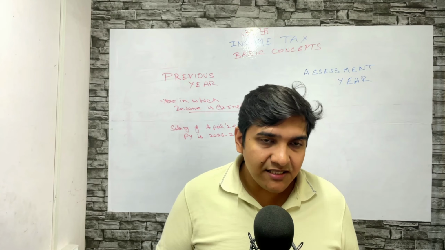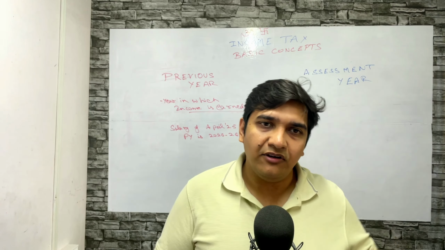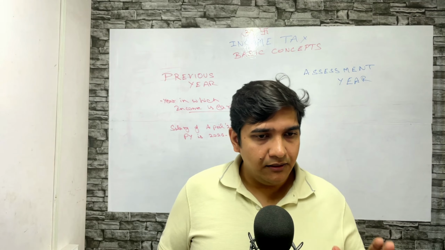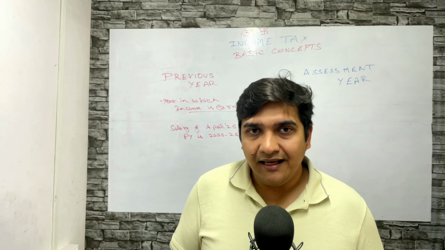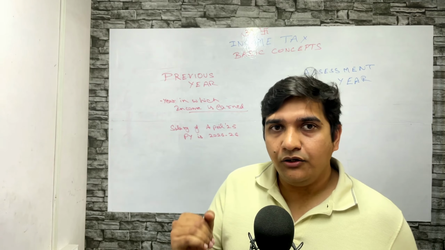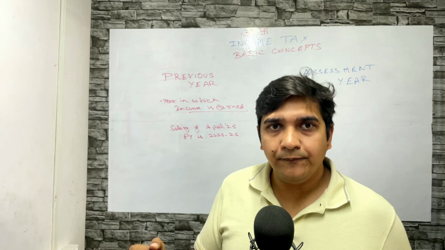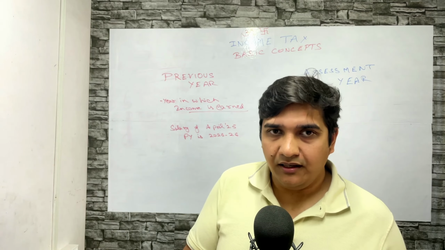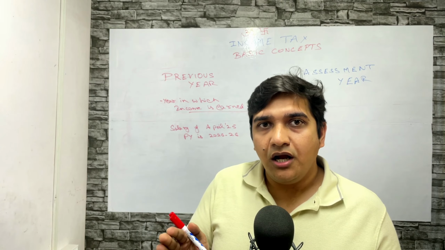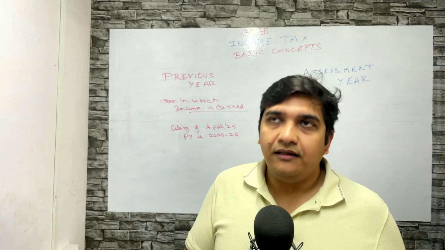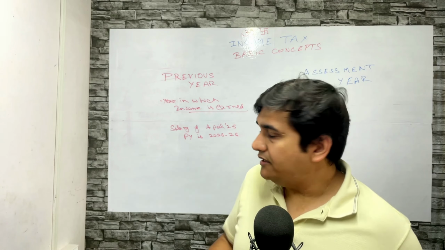So previous year is a period of 12 months starting from April to March of the next year, right? And any income which is earned during that particular period of April to March, that year would be called the previous year, right?